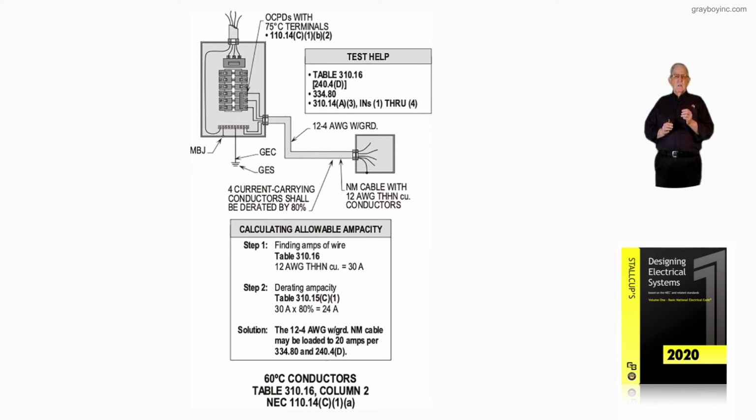Now, notice that we have 4 current-carrying conductors. And when you have a Y system, you got to be concerned with this. So we naturally would go to 310.15, and I believe it's (A)(3), or (A)(1), excuse me. And we would find there that you have a 10% rule in the exception, or 10 feet. So a lot of inspectors, and it's up to the authority having jurisdiction how they interpret this, either 10 foot or 10%.